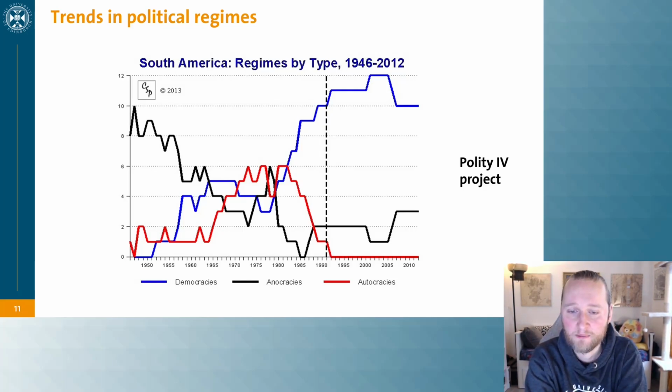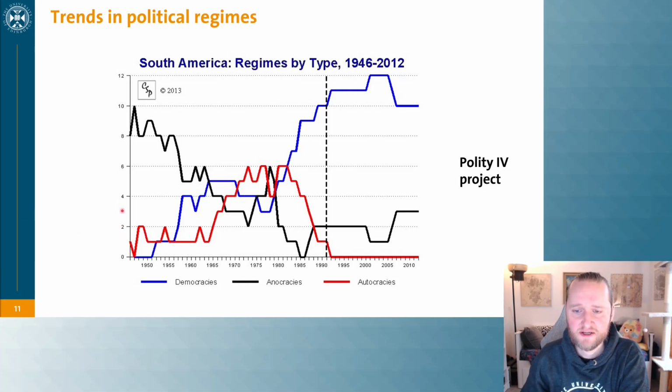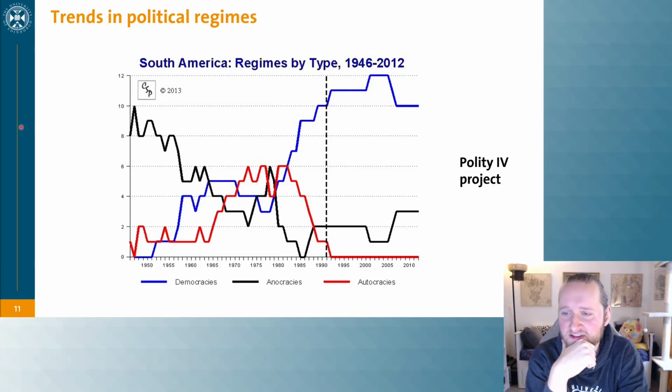You can see here the bottom end of this scale is the number of countries. And you can see all the states that are classified as autocracies are in red, all the democracies are in blue, and then the anocracies, the ones that are sort of in the middle, are in black. And we can see that in South America, for example, in the past 70 plus years, we've seen a steady rise of democratic regimes.